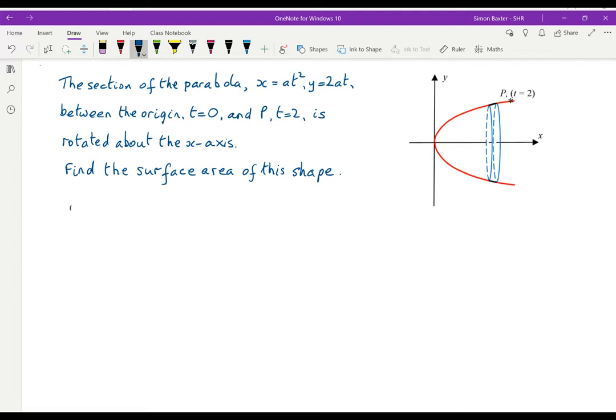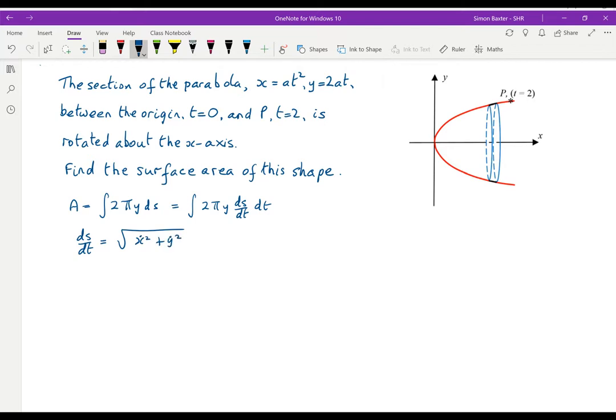Well, the surface area is always the integral of 2 pi y ds. In this case, we want the integral of 2 pi y ds/dt, and we remember that ds/dt is the square root of x dot squared plus y dot squared.